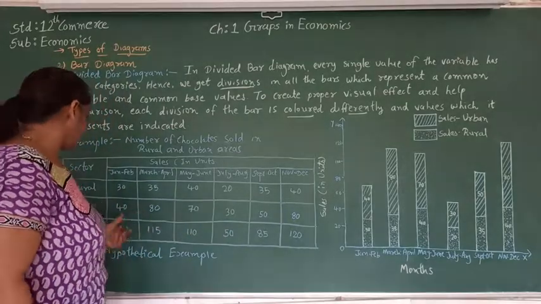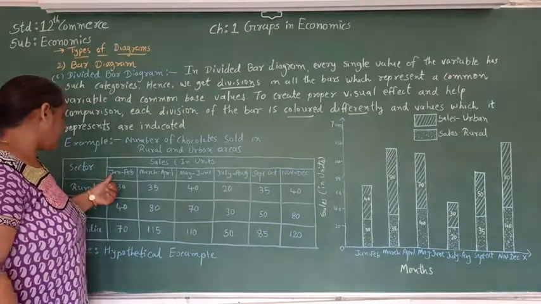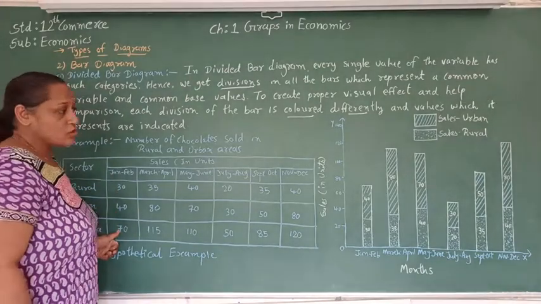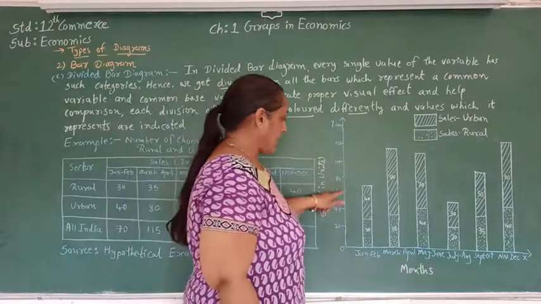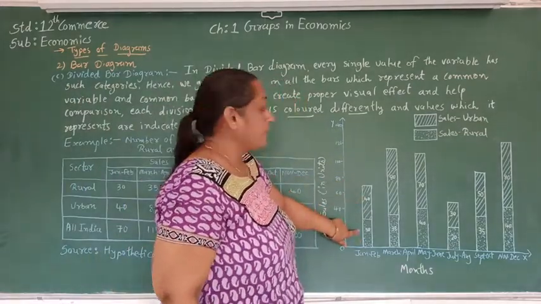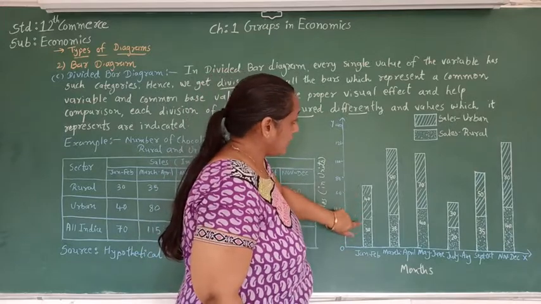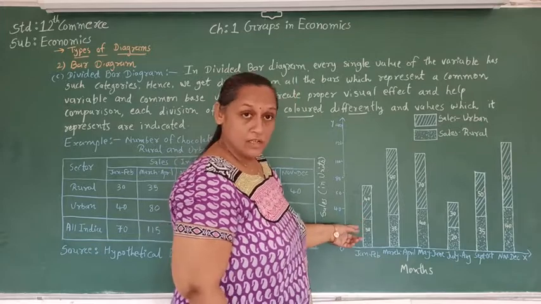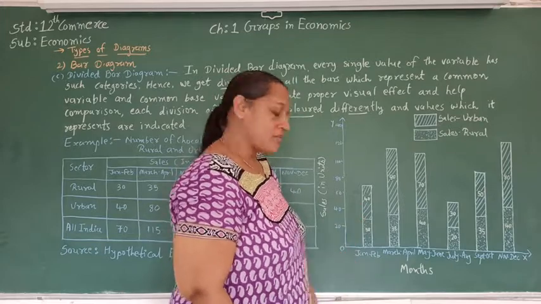In the month of January February, 30 in the rural area and 40 in the urban area, so total 70 chocolates are sold. We can see that with the help of the bar of January February.